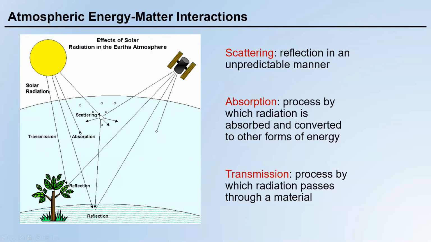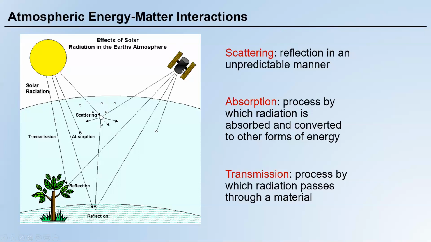Part of the EMR will eventually arrive at the surface of the Earth due to transmission, and it could be reflected by different objects, and then it will have to travel through the atmosphere again, and eventually arrives at the sensor in the sky.